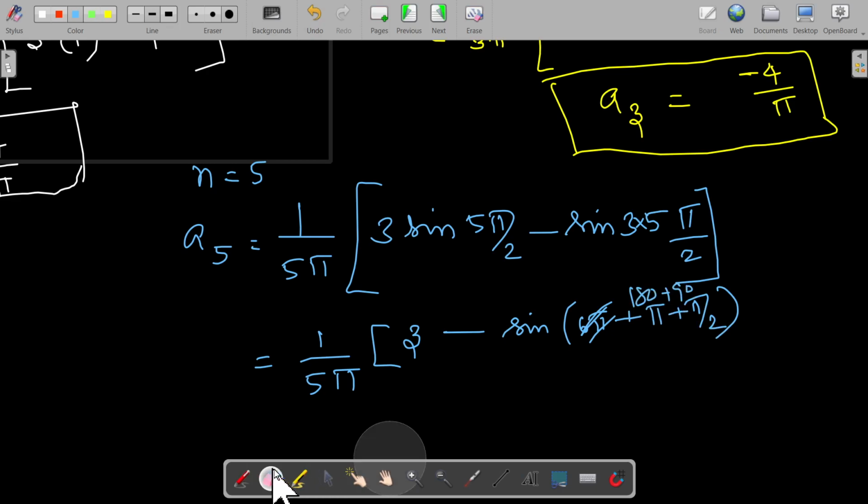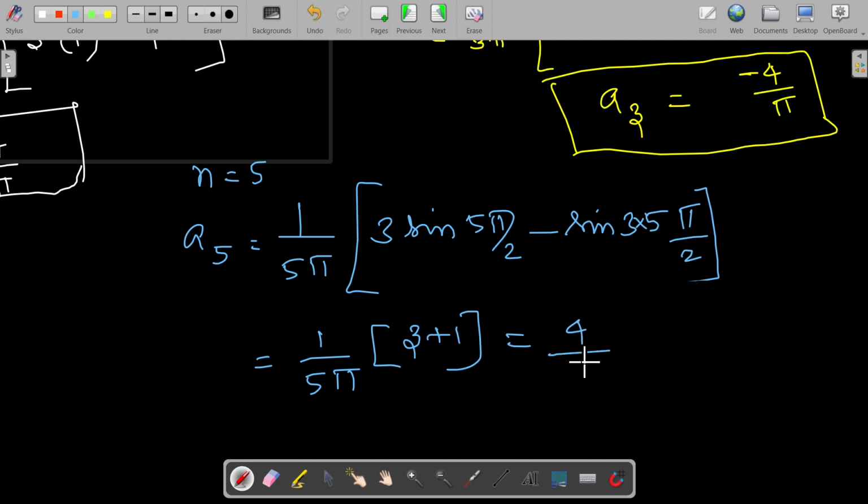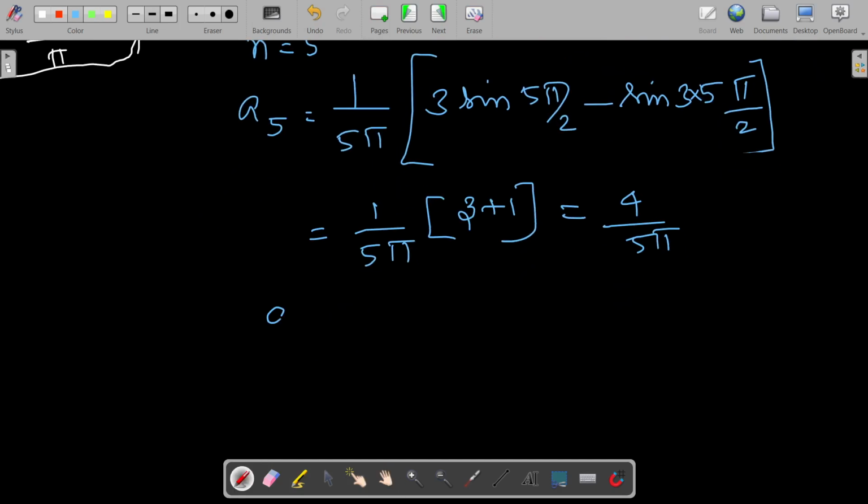So it is 270. So sine 270 means it is equal to how much? Minus 1. So minus of this minus 1, the sense it becomes plus 1. So it is again 4 by 5 pi. So what is this value? This is an. That means a5, that is equal to 4 by 5 pi.